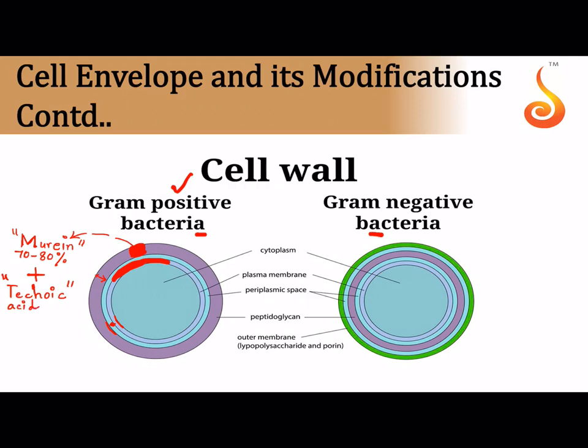So this purple layer that you're seeing outside is made up of this peptidoglycan, which is referred to as murein, and it has what is called teichoic acid.